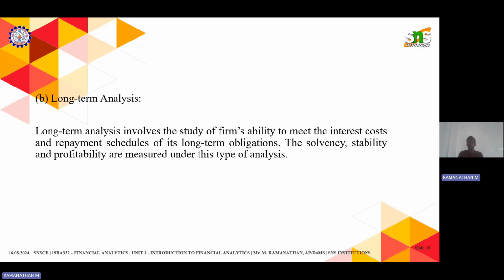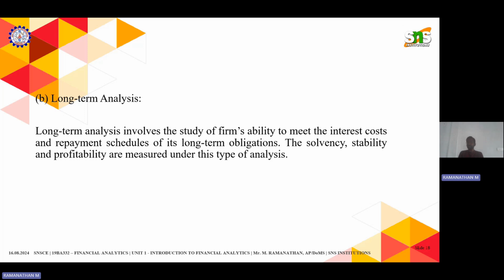Everything matters a lot. So long-term analysis is based on the futuristic view, and evolution, disruptive innovation and all other concepts are integrated into it. And long-term analysis tells whether I can invest for a long term, or whether I should go for short-term analysis.